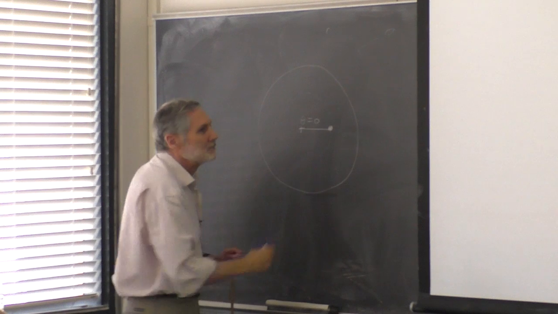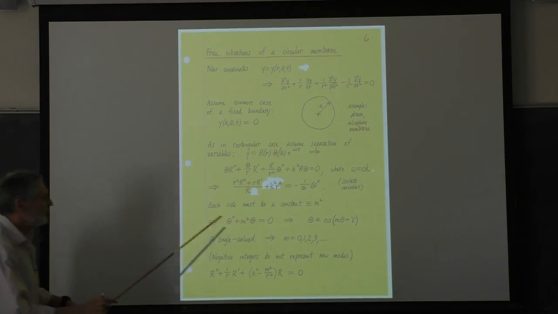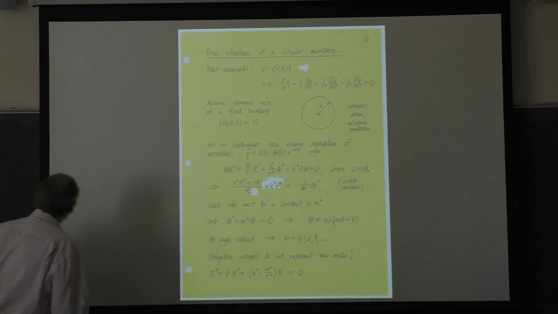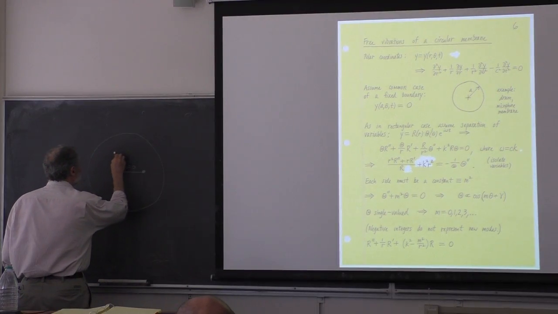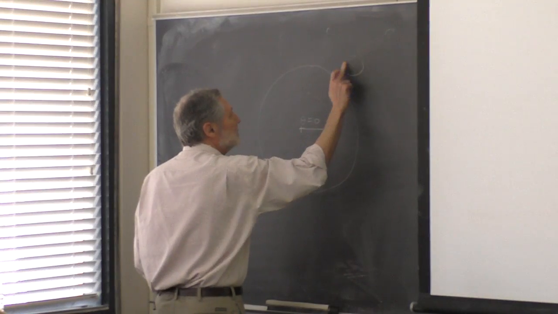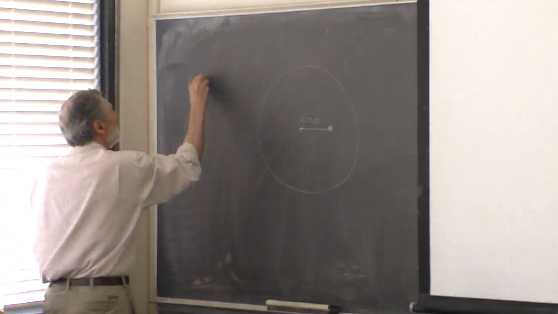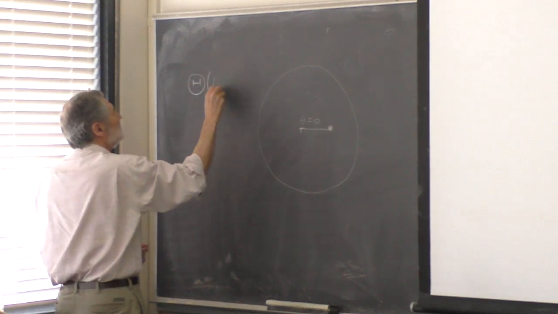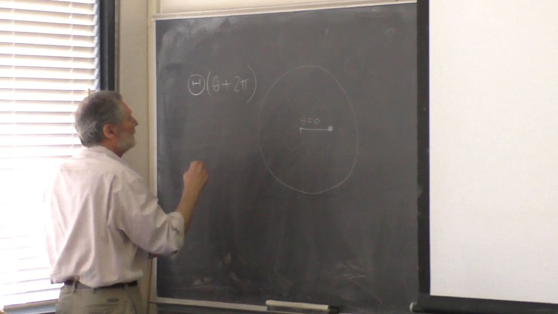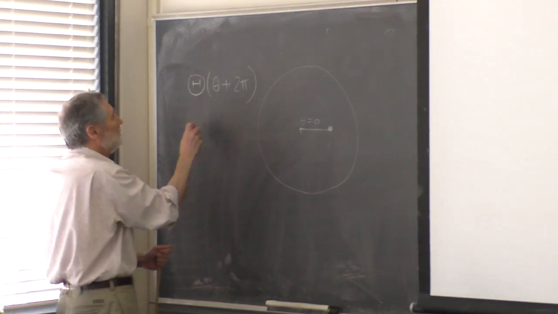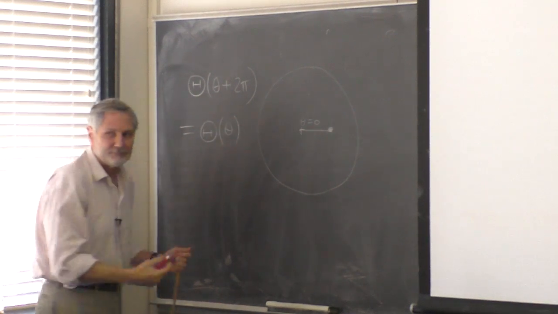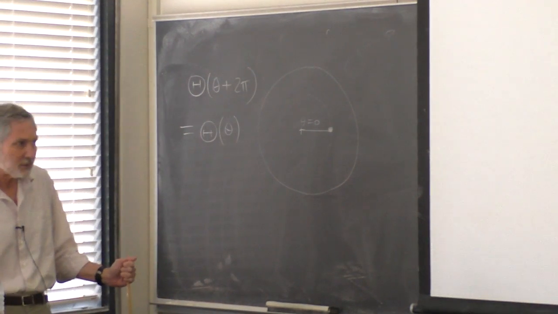And we have this function here, capital theta, it's a function of theta. If I go around once, what has to happen to the function theta? In other words, if we go around once, that's 2 pi radians, what do we have to get? We have to get the same value, right?